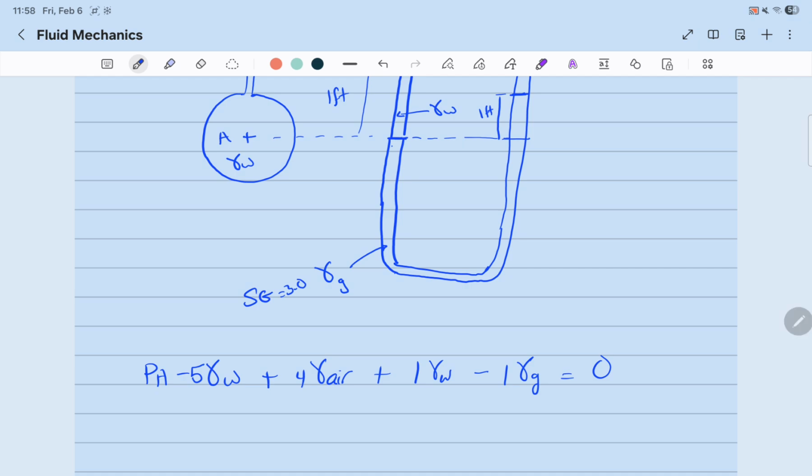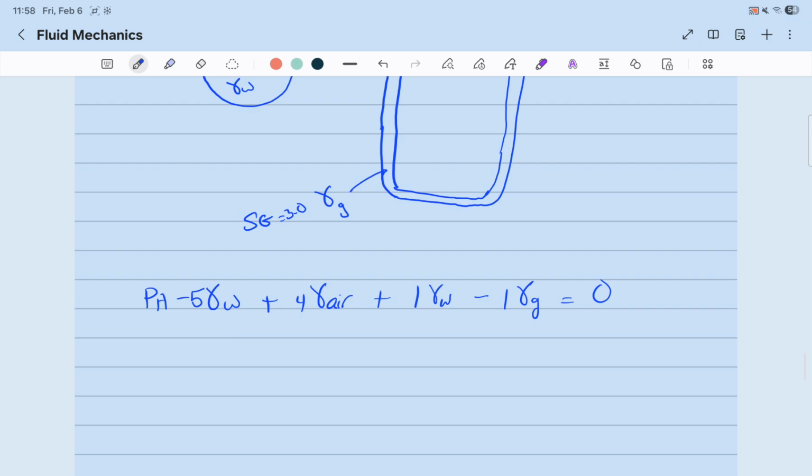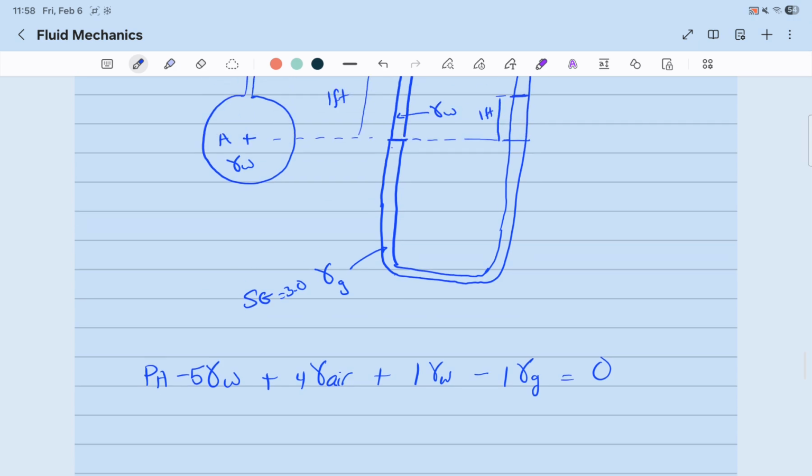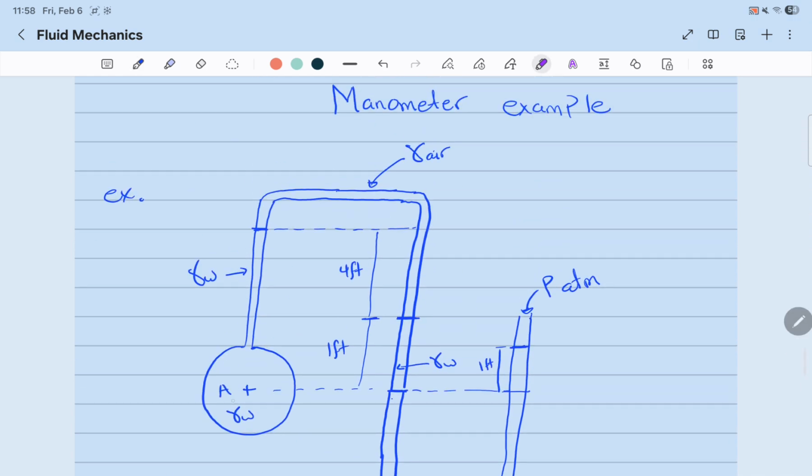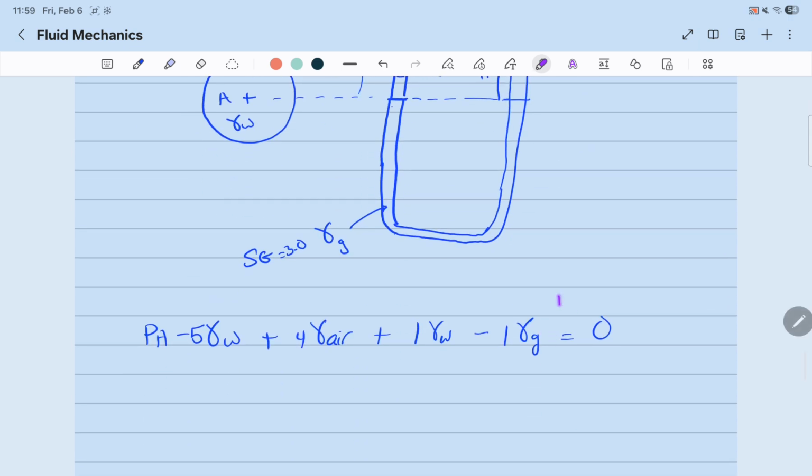Okay? And that's how you solve it. There are different ways of solving it. They will all give you the same answer if they're correct, but this is how I like to solve it. I like to start from the center point and work my way up and down until I reach the free surface.